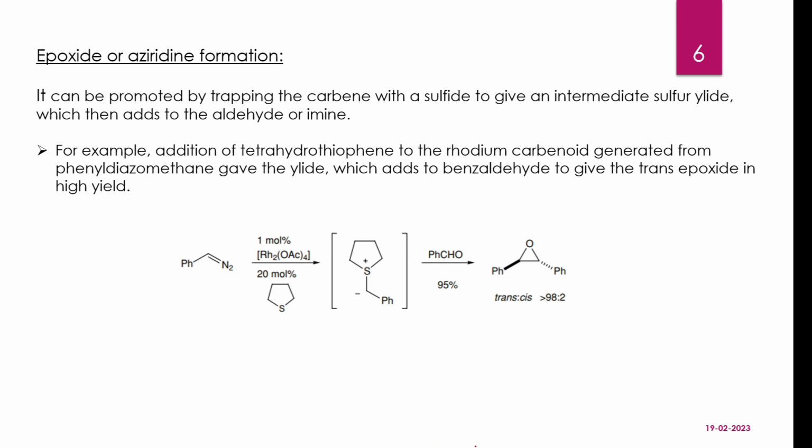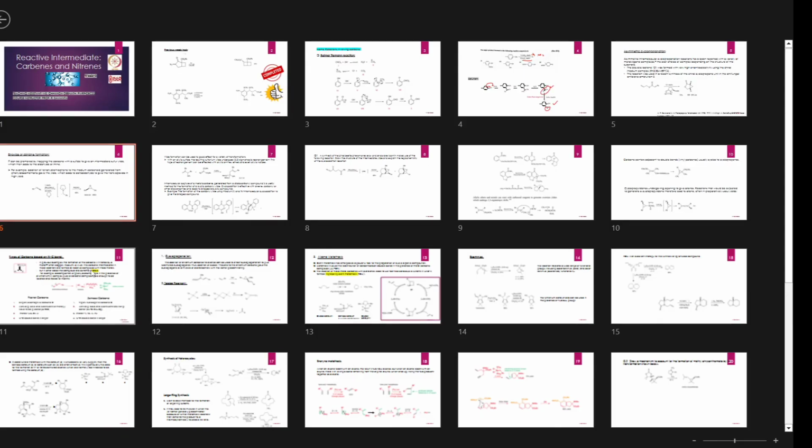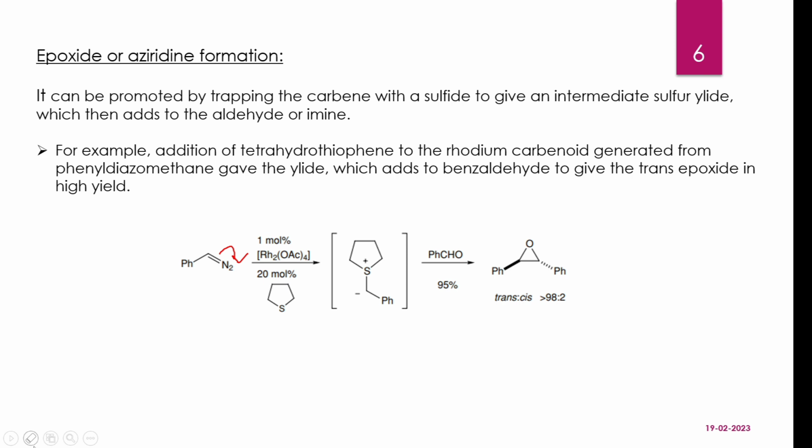Like the previous things, when this rhodium 2 catalyst is added, N2 will get removed, giving us this type of carbene intermediate.